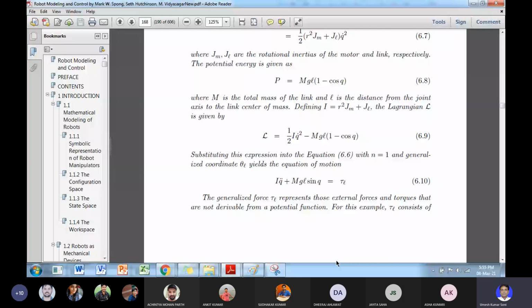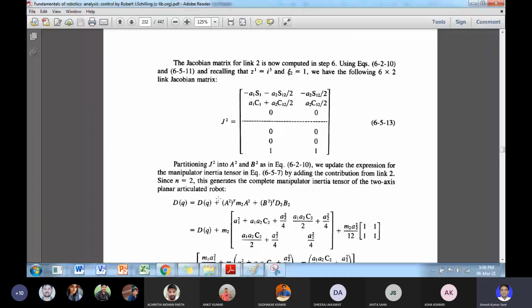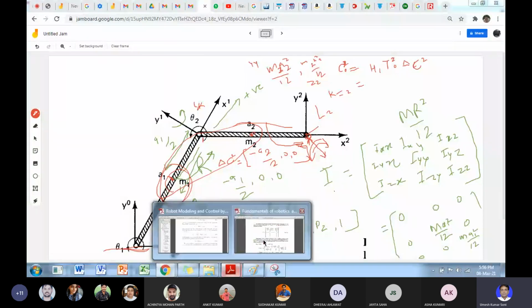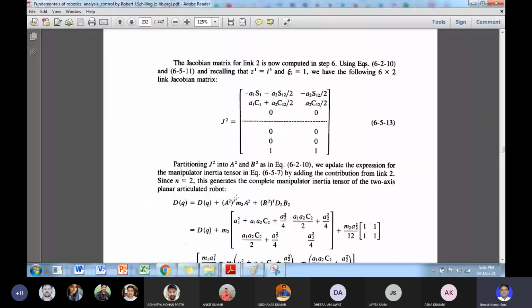So now the complete inertia up to this link is represented in the base. If we travel up to the first link, then the inertia of this link will be considered. Now we have traveled up to frame L2, then the complete inertia of links 1 and 2 represented in the base L0 frame will be given by the inertia of link 1 plus the additional inertia which we have just calculated.